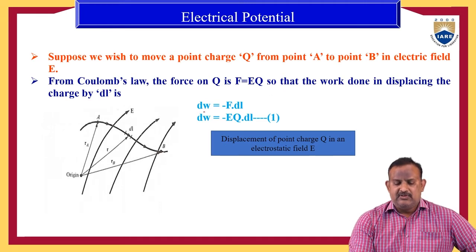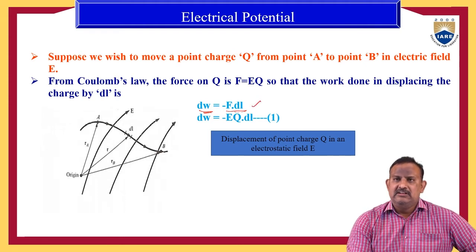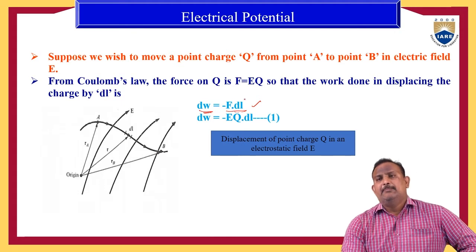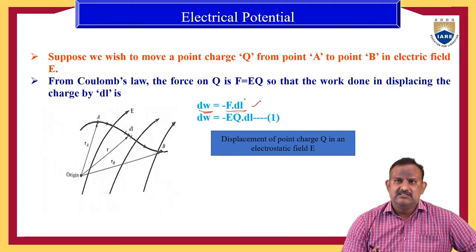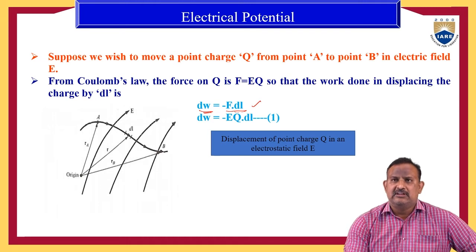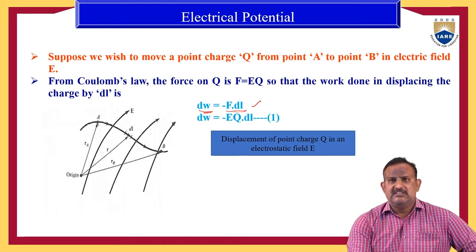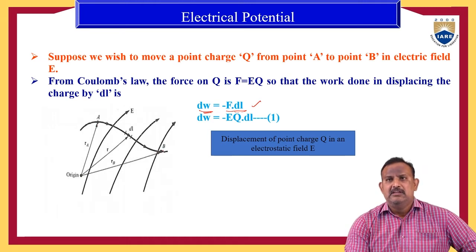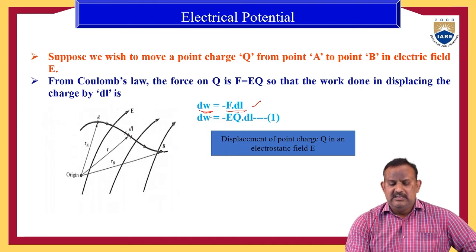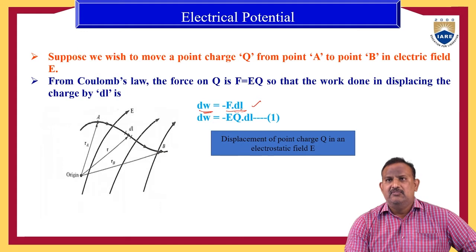The differential work done, dW is equal to minus F into dl, where F is the force and dl is the elemental length.